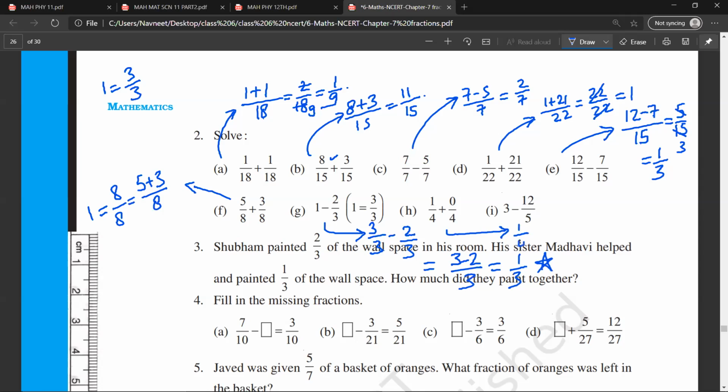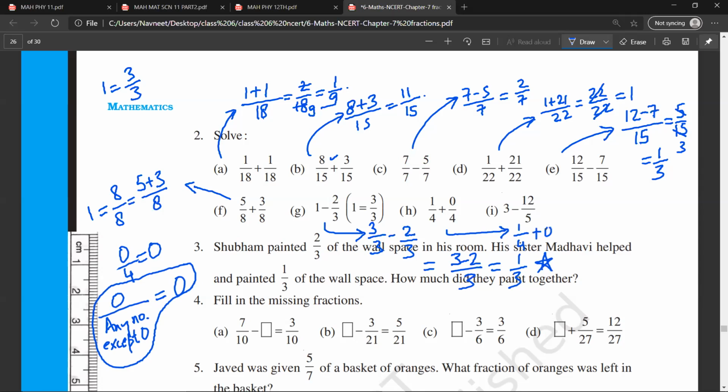Perfect. Because 0 upon 4 would be 0. 0 upon any number except 0 would be equal to 0. Very nice. 1 by 4 plus 0 is equal to 1 by 4.